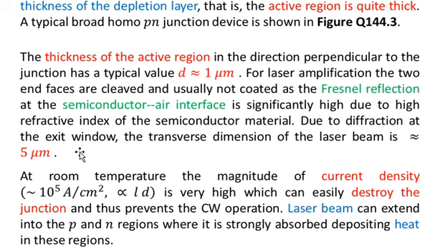Due to the diffraction at the exit window, the transverse dimension of the laser beam is of course greater than the actual dimension of the junction. That value is of the order of 5 micron, whereas the junction size is of the order of 1 micron.